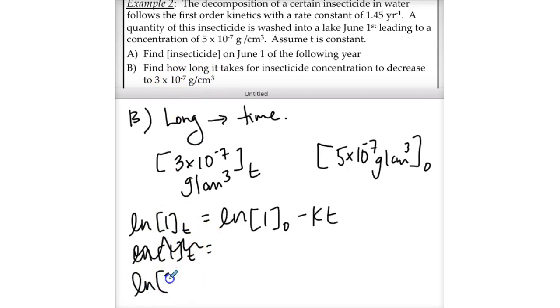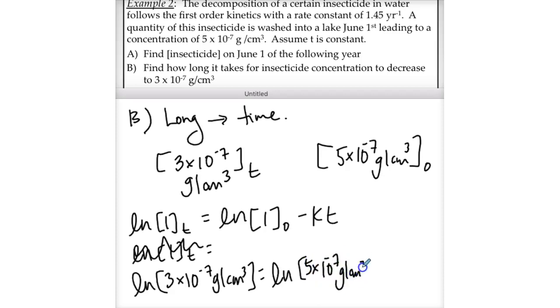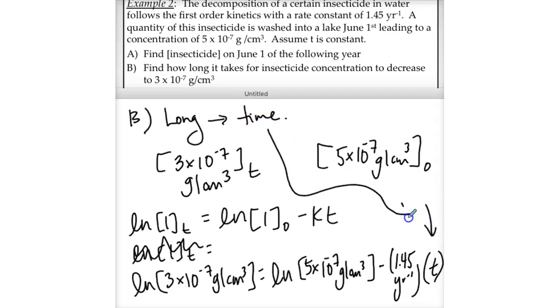So that's going to be 3 times 10 to the negative 7 grams per centimeter cubed is equal to natural log of the initial concentration, which is what we measured at the lake on June 1st, minus K, which we have 1.45 inverse years, and time, which is what we want. We want time. How long does it take?